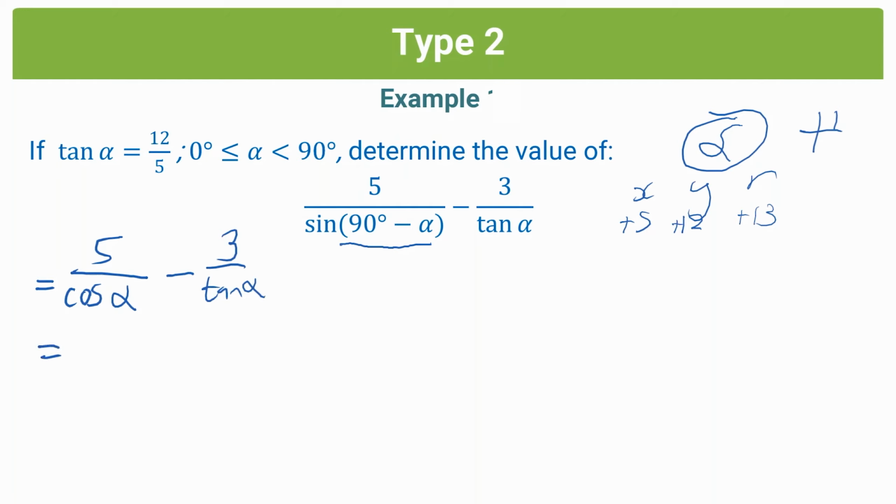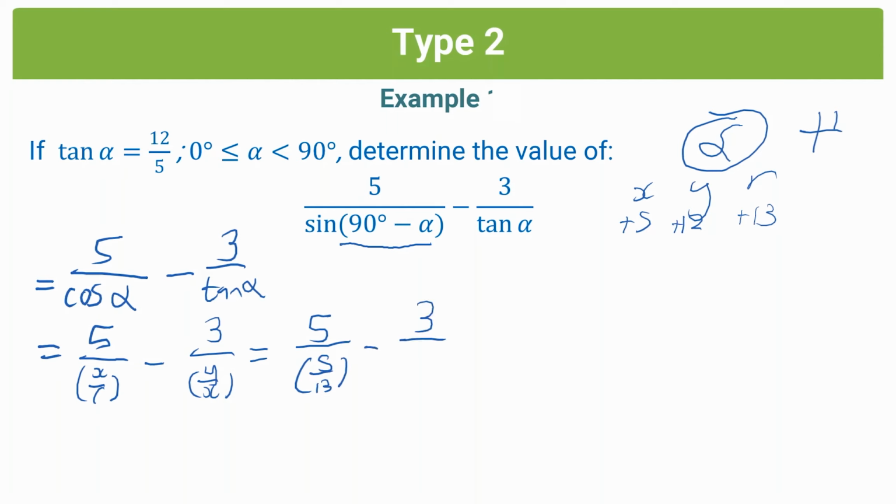So then we're going to get 5 over x over r if we put our ratios in, minus 3 over tan, which is y over x. Now we can substitute our x, y, and r in there. That's going to be 5 over 5 over 13, minus 3 over 12 over 13. And from this we can simplify.